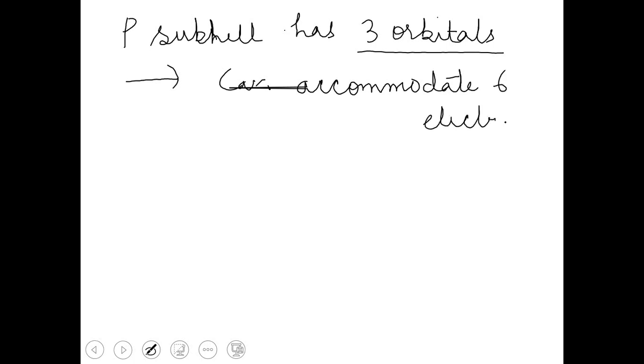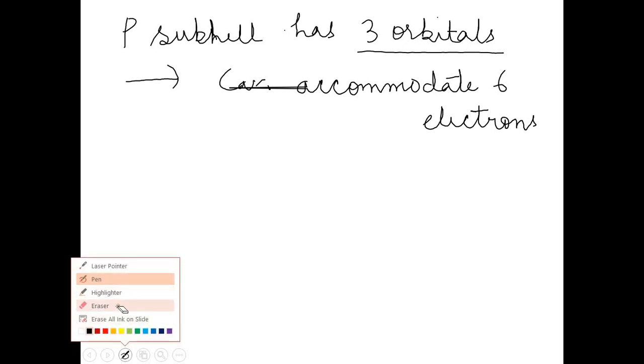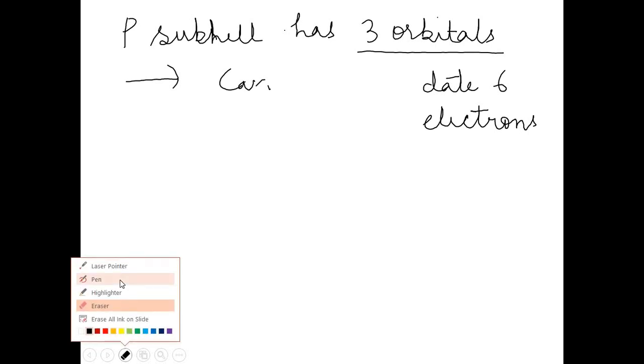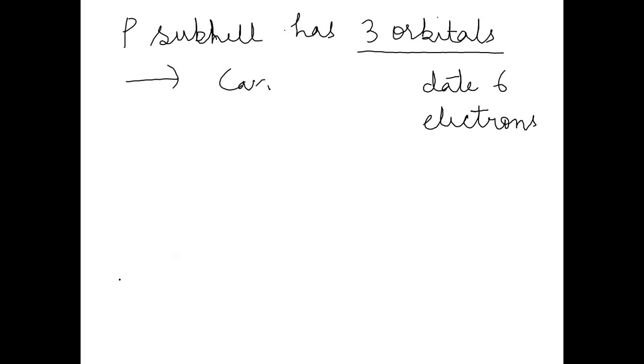The p subshell can accommodate only 6 electrons because the p subshell is made up of 3 orbitals and each orbital can accommodate only 2 electrons. So that's why the p subshell can accommodate 6 electrons.